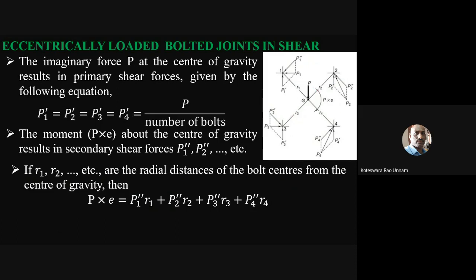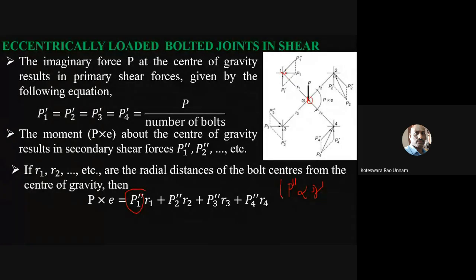So now, to simplify this complexity or to reduce the number of unknowns, we'll assume that the secondary shear force is directly proportional to R. R is nothing but the radial distance from the center of gravity to the bolt center.